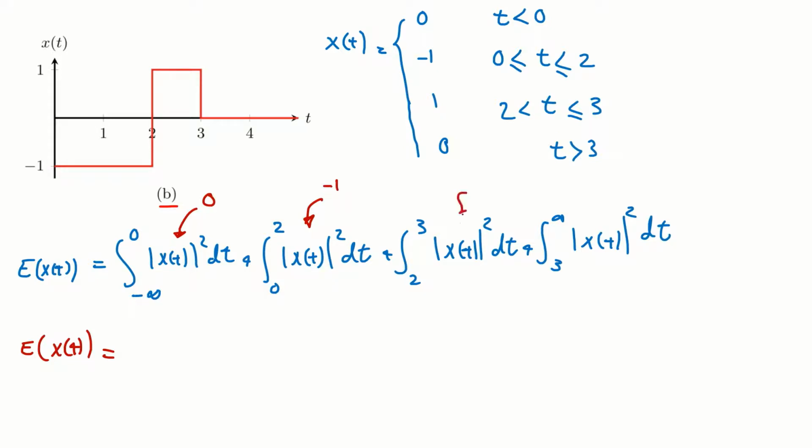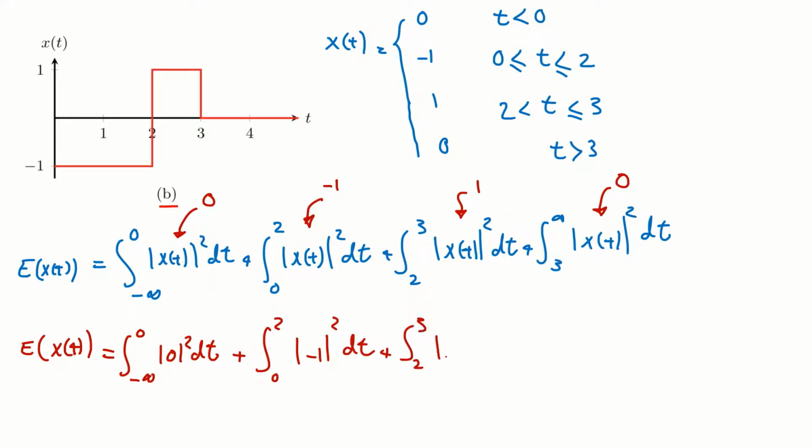The value of the signal at this interval is 1. And here the signal is 0. So here we have integration of minus infinity to 0 of 0 squared dt plus integration from 0 to 2 of absolute of minus 1 squared dt, and so on.